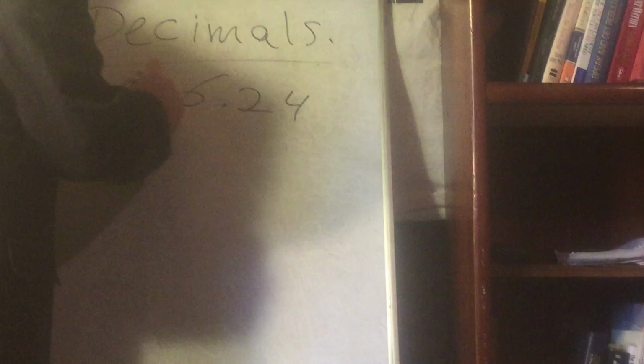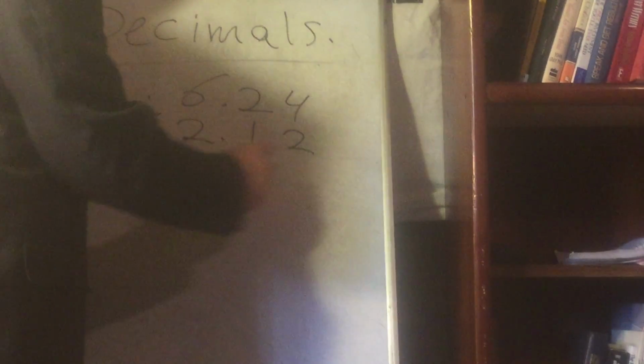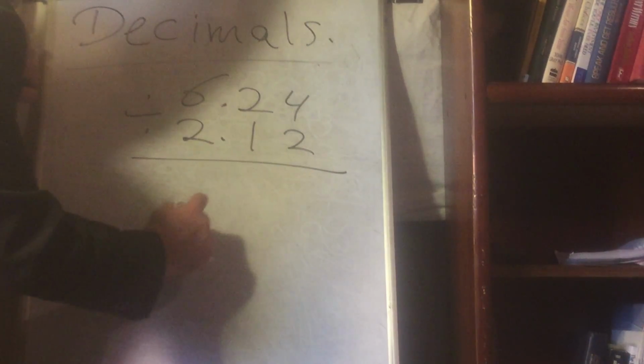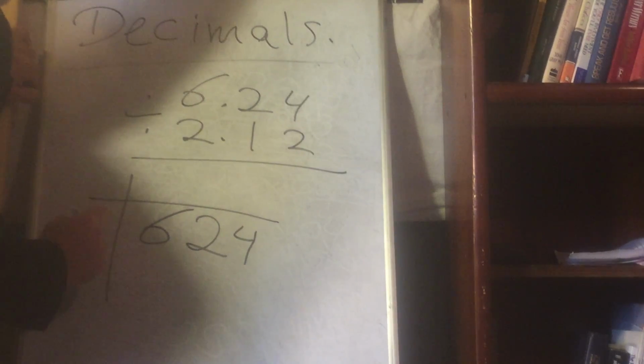Okay, how about 6.24 divided by 2.12. Again, we ignore both decimal points. Let's say 624 divided by 212.